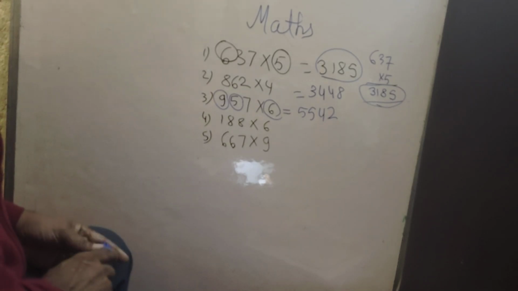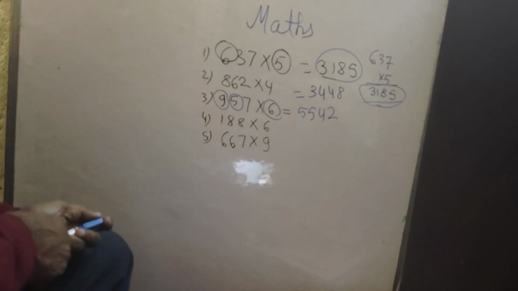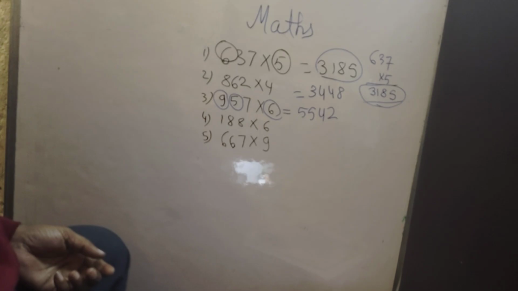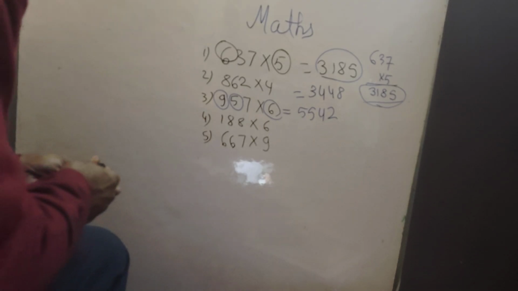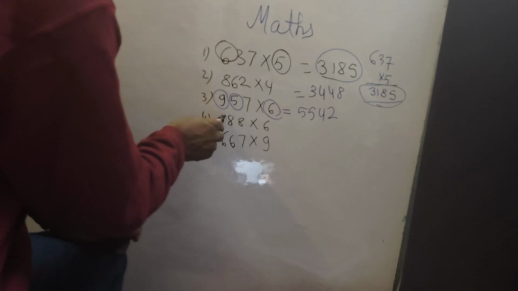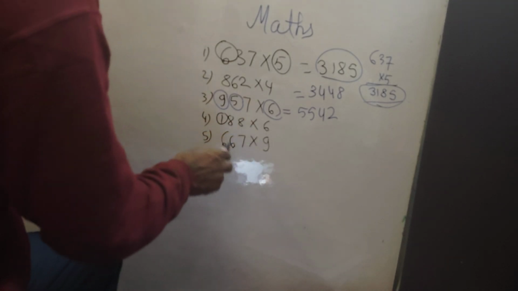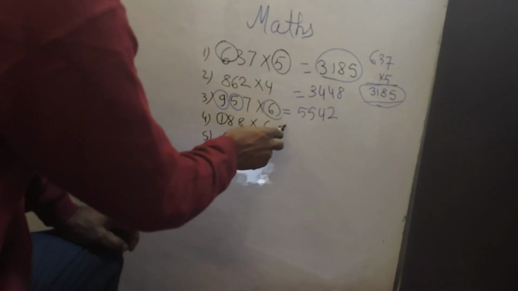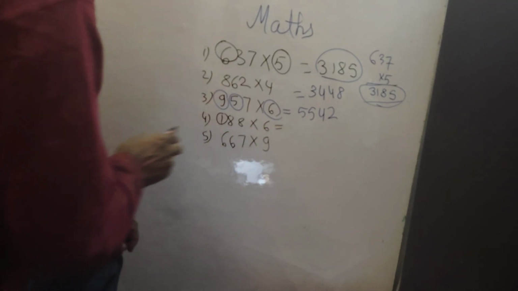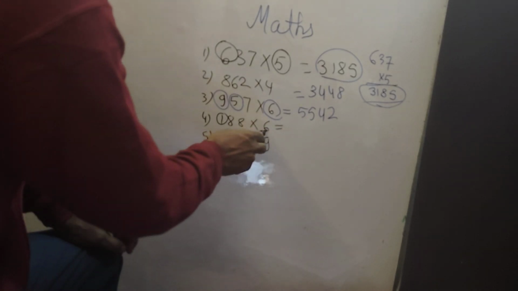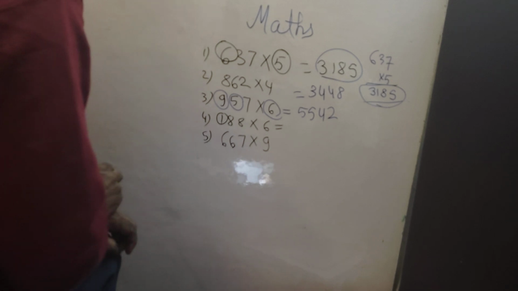But when we do it orally, we start from the left side, the hundreds place, because there are 3 digits. Now the next one is 100 multiply 6. This one's place value is 100. 100 multiply 6 is 600. So 600. Now put in mind, next is 80. This 8's place value is 80.